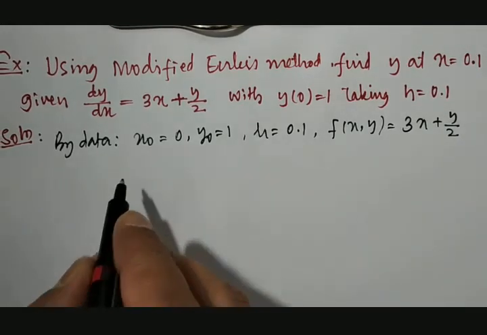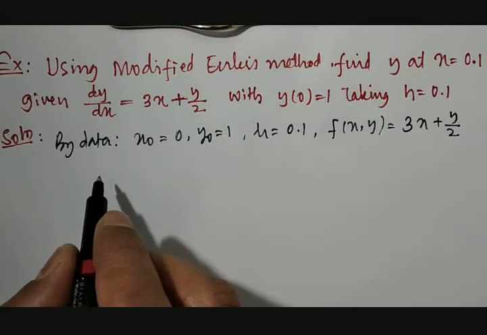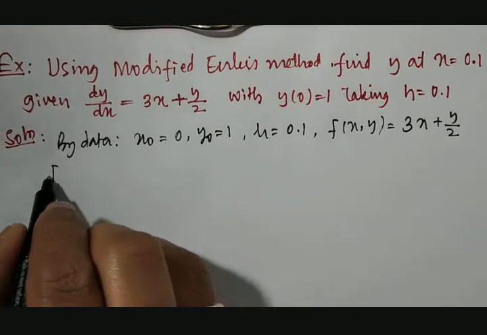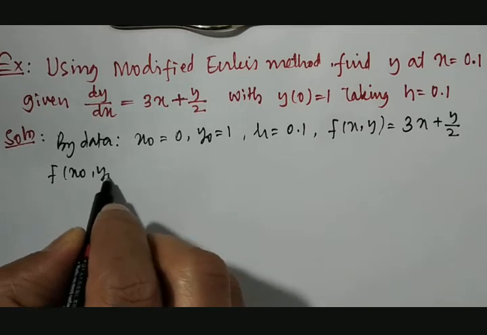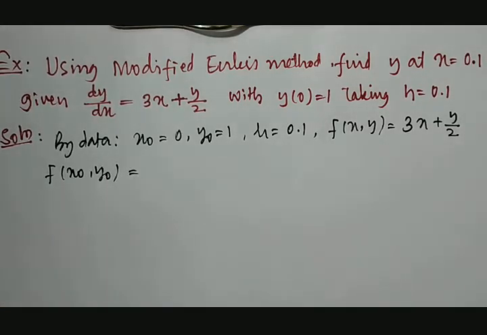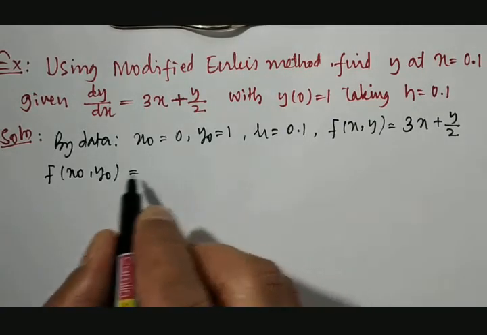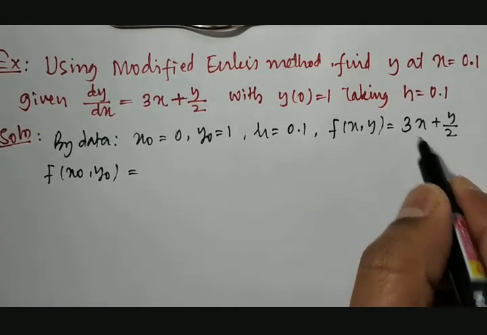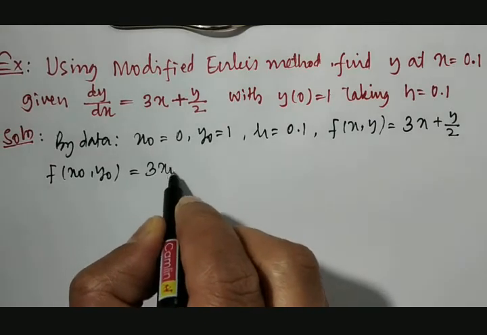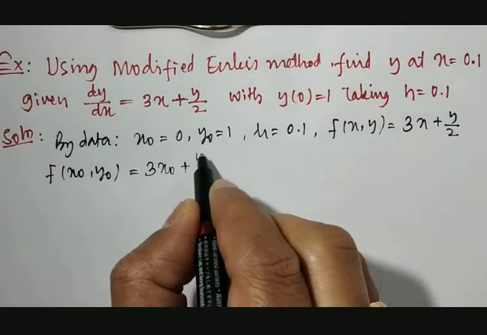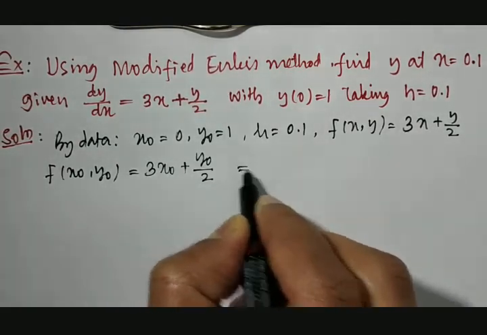Fine. What else is required? Usually it is understood that f of x naught, y naught is very much required in this case with the initial values. So f of x naught, y naught is equal to (3 times x naught plus y naught) by 2.